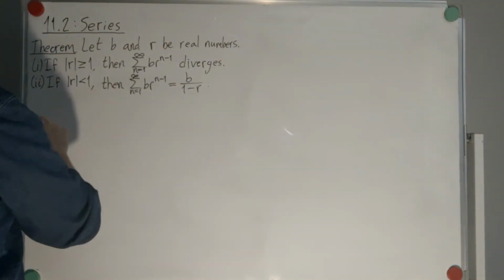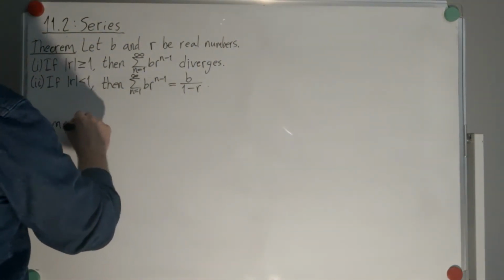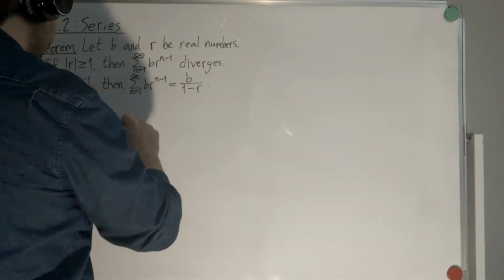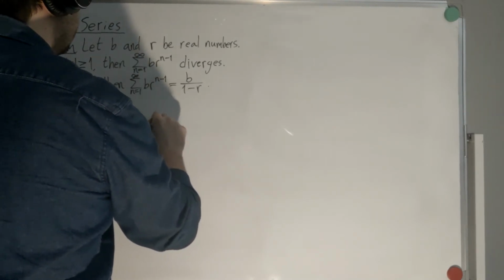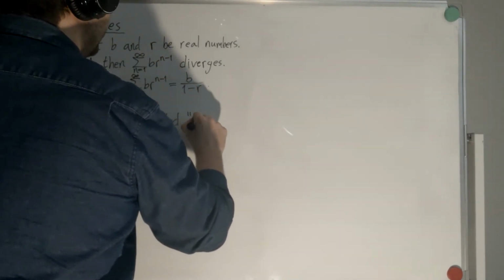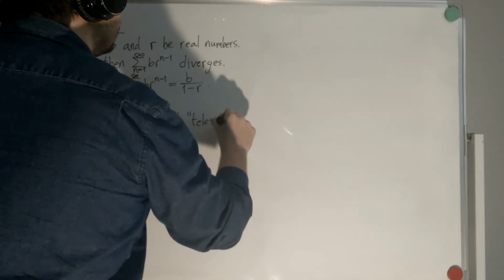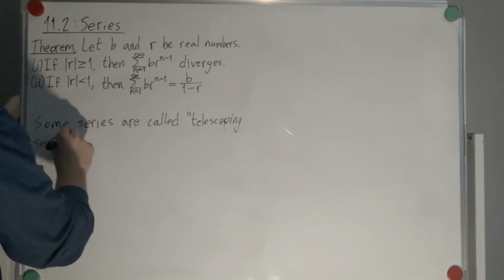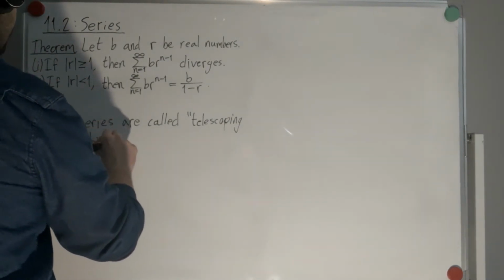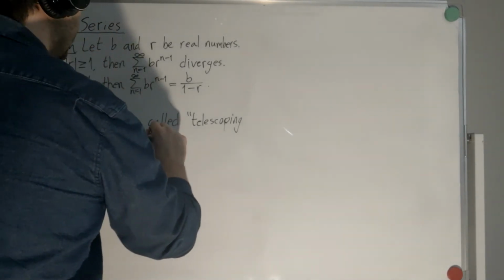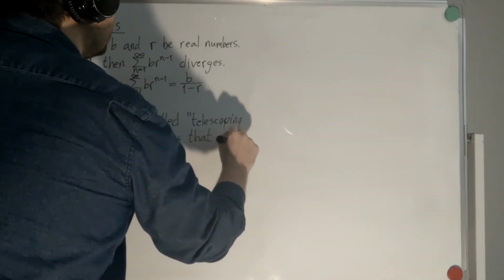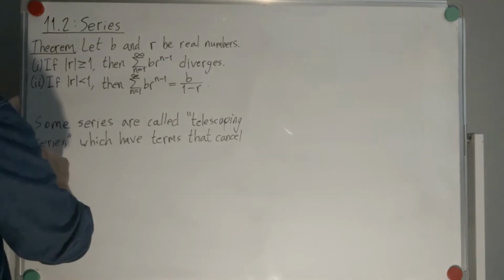So, some series, not geometric ones, but some particular series are called telescoping series, which have terms that cancel pairwise.